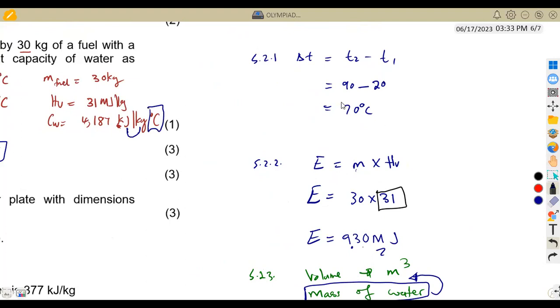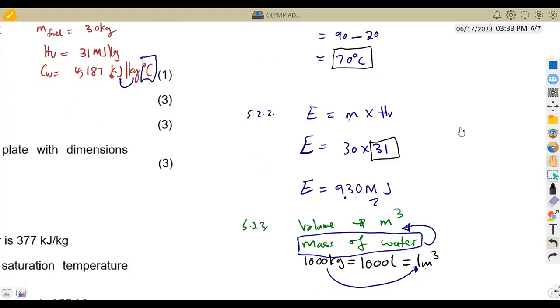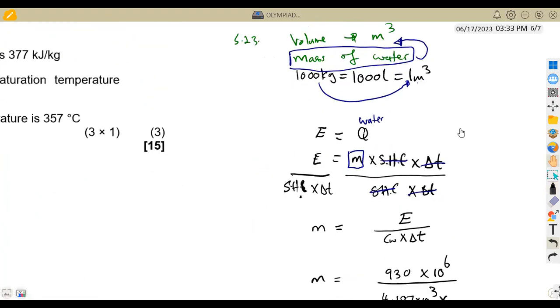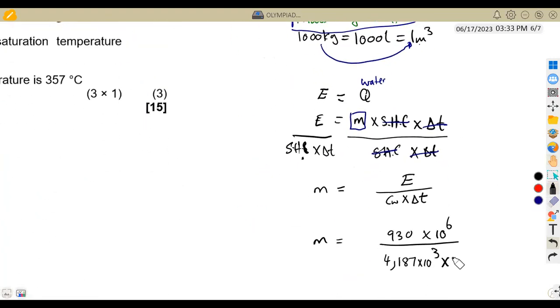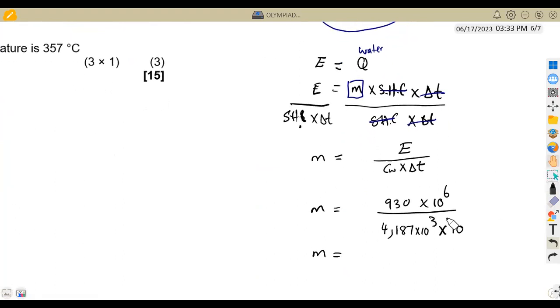So we use it as it is, 70. This is going to give us the mass. Like I said, this mass is measured in kilograms.